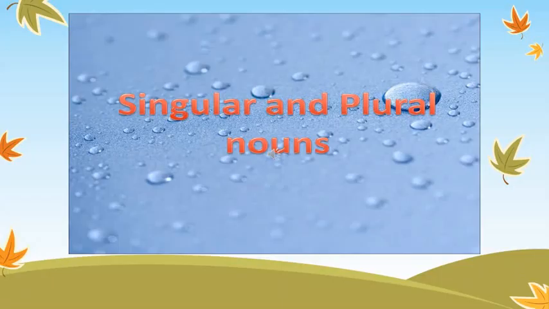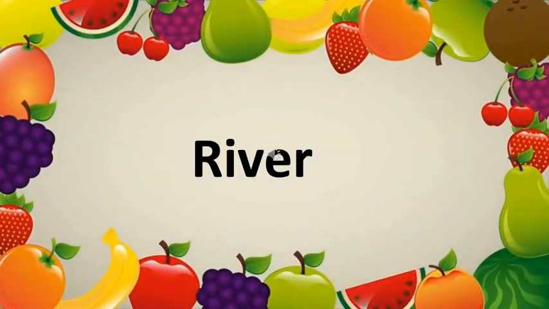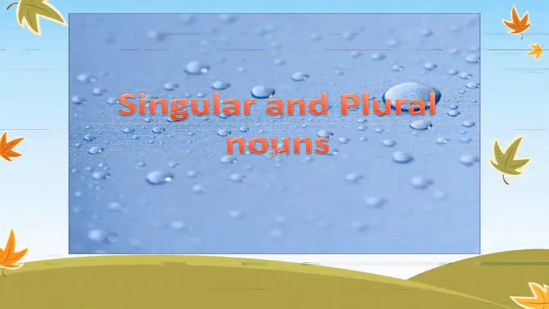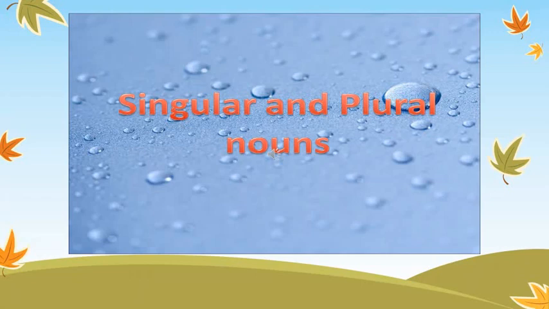Now the next word on the screen is river. River. Now think what will be the plural of this noun? Yes, it is rivers. So we just added an S there, children. Rivers. What did we add? We added S there. It becomes rivers.